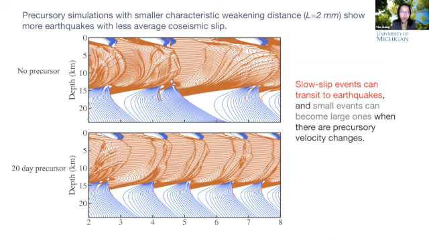If you compare the no precursor to 20-day precursor simulations, you can see that generally when we have the precursors for L equal to 2 millimeters, we are actually seeing more earthquakes, but with less average co-seismic slip. And for some scenarios, there could be slow slip events in the no precursor simulation that turn into small earthquakes in the 20-day precursor simulation. And of course, we're seeing these smaller earthquakes can grow into larger ones in the 20-day precursor simulations as well.